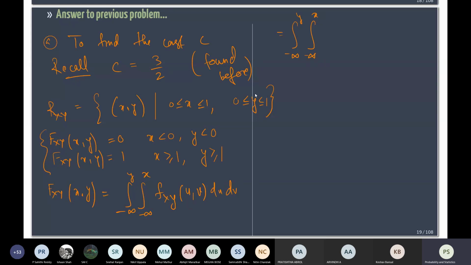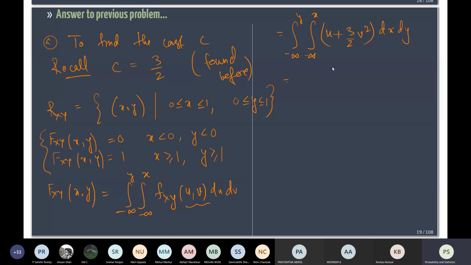I will substitute the PDF value. The PDF was x plus 3/2 y squared, so in place of x and y we have u and v: u plus 3/2 v squared. First we integrate with respect to u.